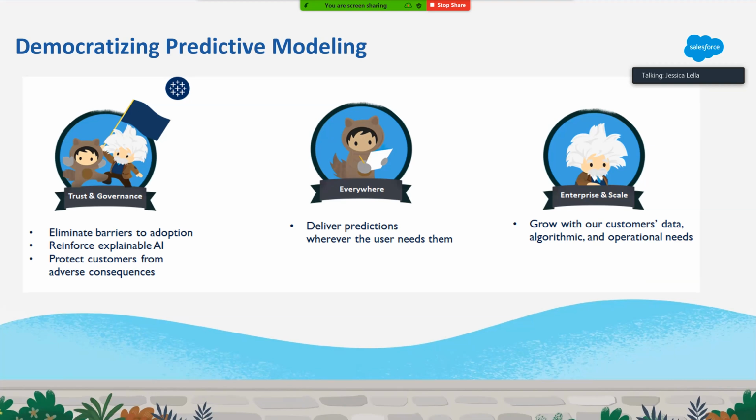So think about this like having, some people like to say it's like having your own personal data scientist. Just like Tableau democratizes data where the everyday business user can create these beautiful dashboards, well, Tableau CRM lets the everyday business user create machine learning models and use them and interpret them very easily.